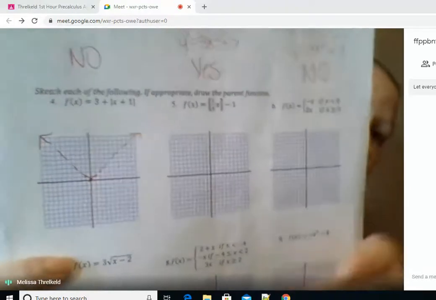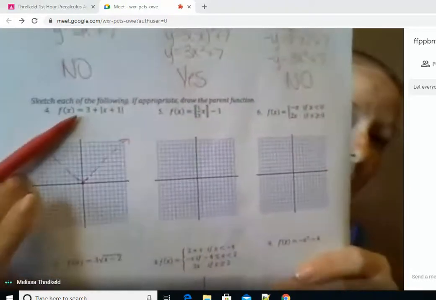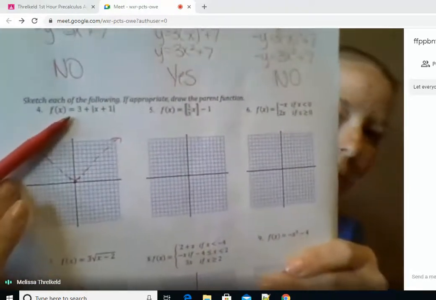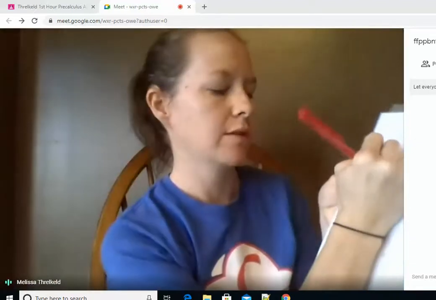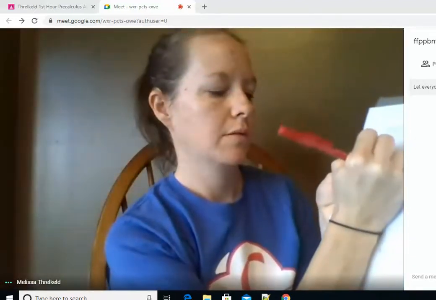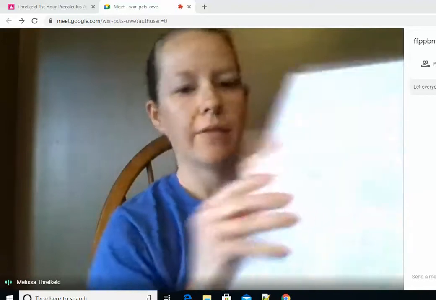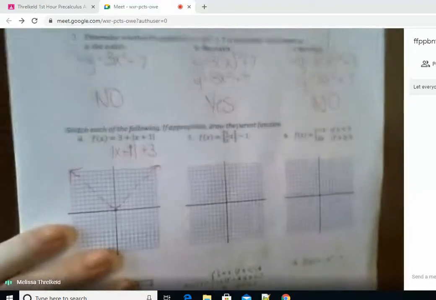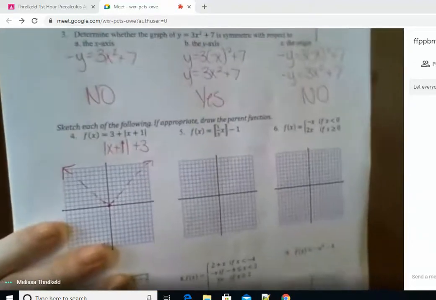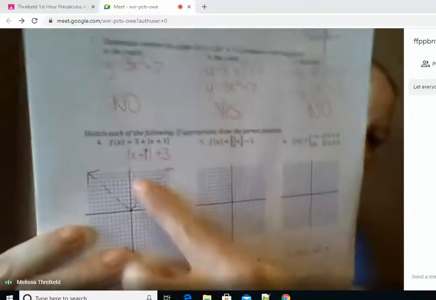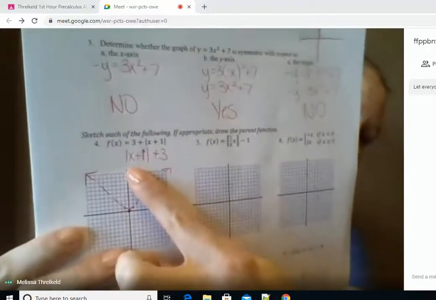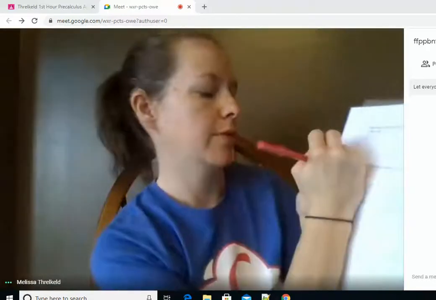Now let's talk about our transformations. This plus 3, I wrote it kind of weird. I put it in the front, but that's no different than having a plus 3 on the end. So what's the plus 3 going to do? Up 3. And that plus 1 would move it left 1.